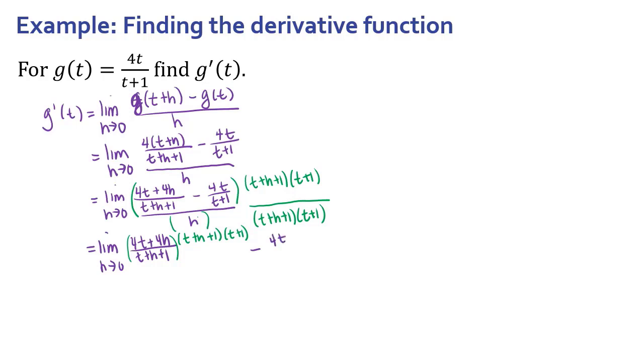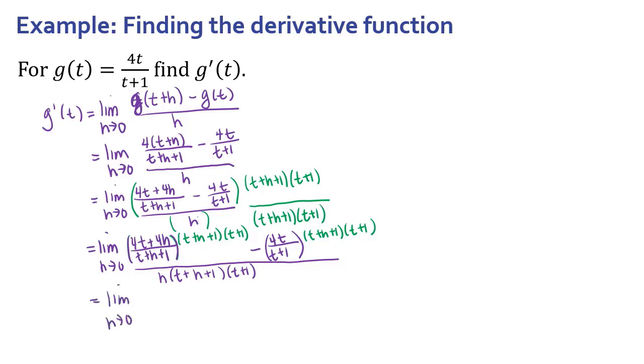So minus 4t over t plus 1 times t plus h plus 1 over t plus 1, and that's all over h times t plus h plus 1 times t plus 1. Oh my gosh. Whew. Okay, so let's get rid of some fractions, which will be helpful.